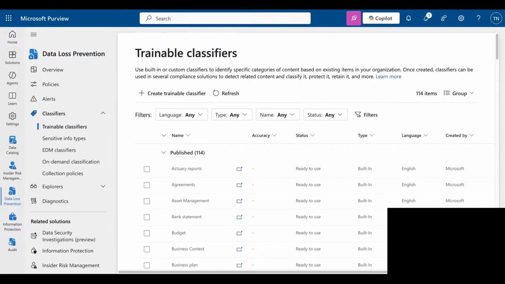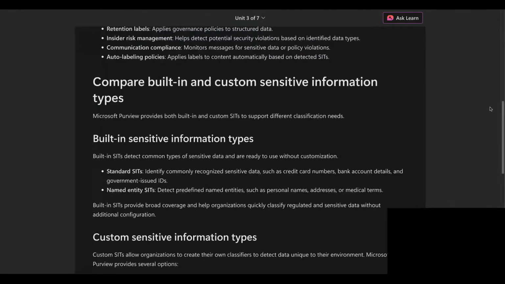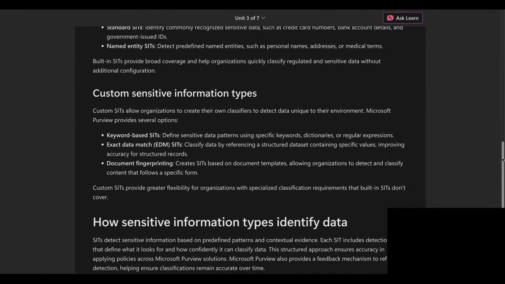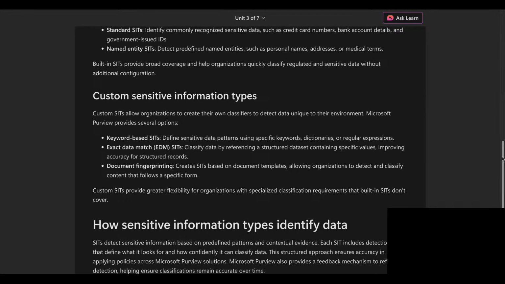Okay, let's go back here. And then when it comes to sensitive information types, so like I said, you can create your own custom ones and you can use different options in terms of how you create your own one.